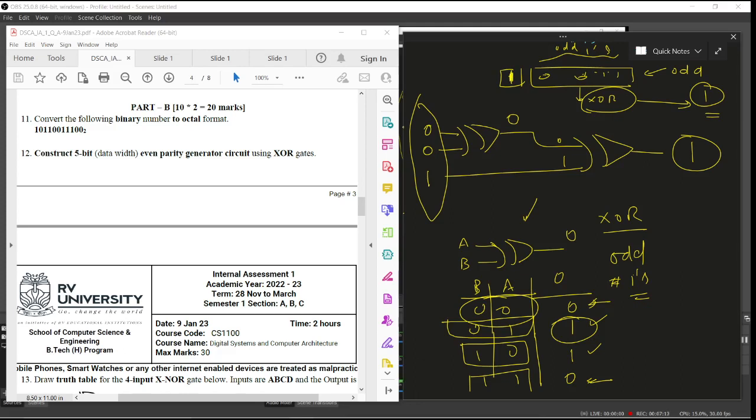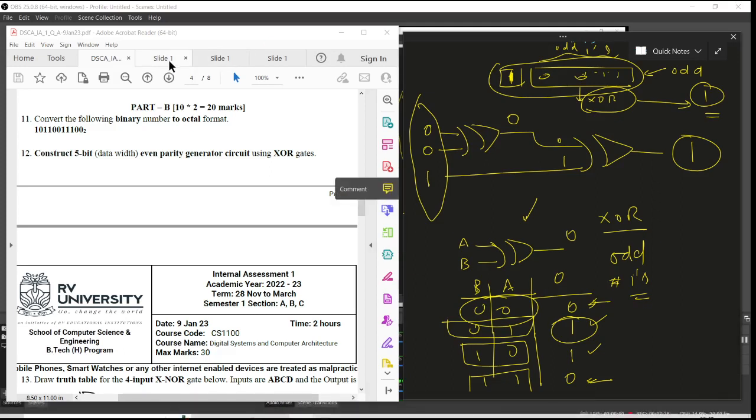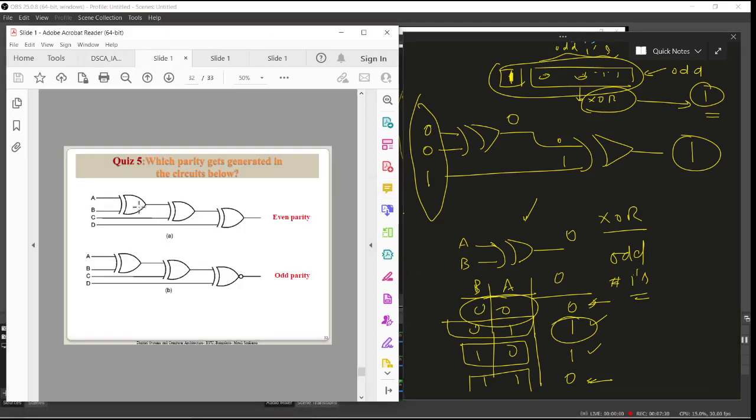That means it is used for even parity, because along with this 1, I am making the total even. So whatever the data, if there are an odd number of ones, I make the parity bit 1. That means I am generating an even parity here. So if I use only XOR gates, we are generating even parity.